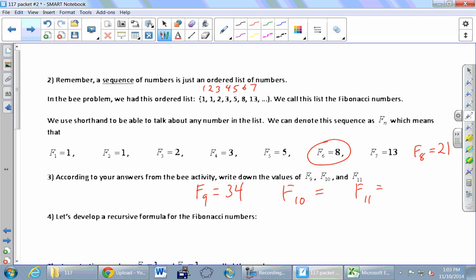Use a good notation. Don't just write the answer, but use the sequence notation. So what is F10? That's 55, and F11, 89. Good.